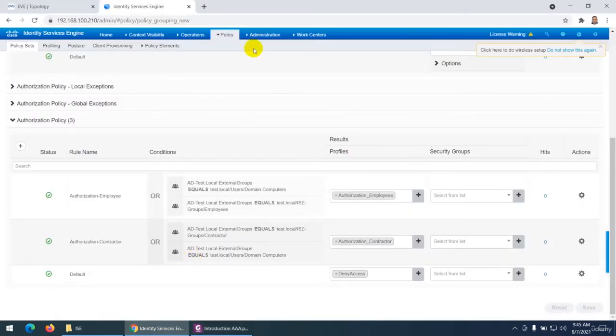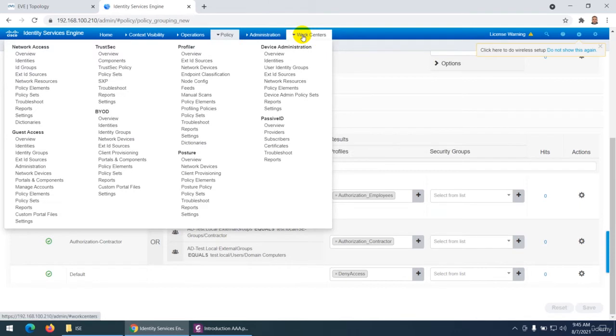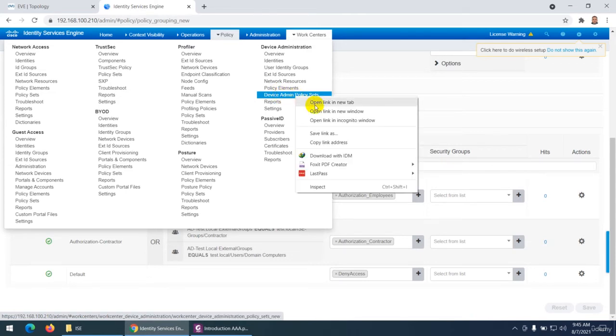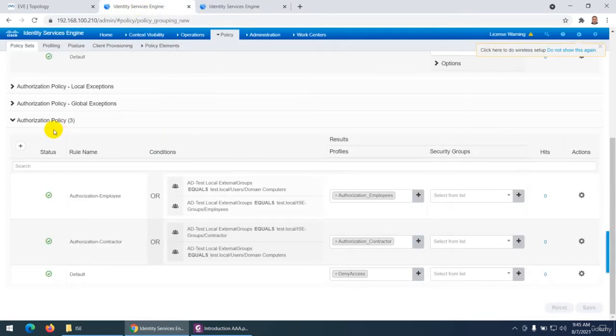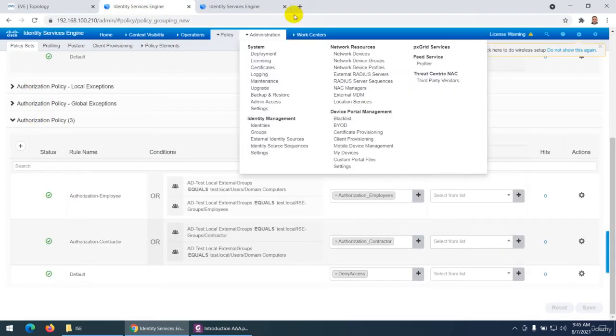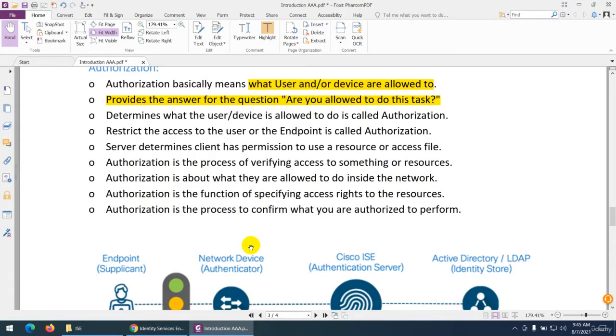Because there is another concept: if you go to Work Centers, for device administration there is also a policy set, and there is also the authentication and authorization concept. So authorization means what you can do in the device, or whether you are allowed to do this task.